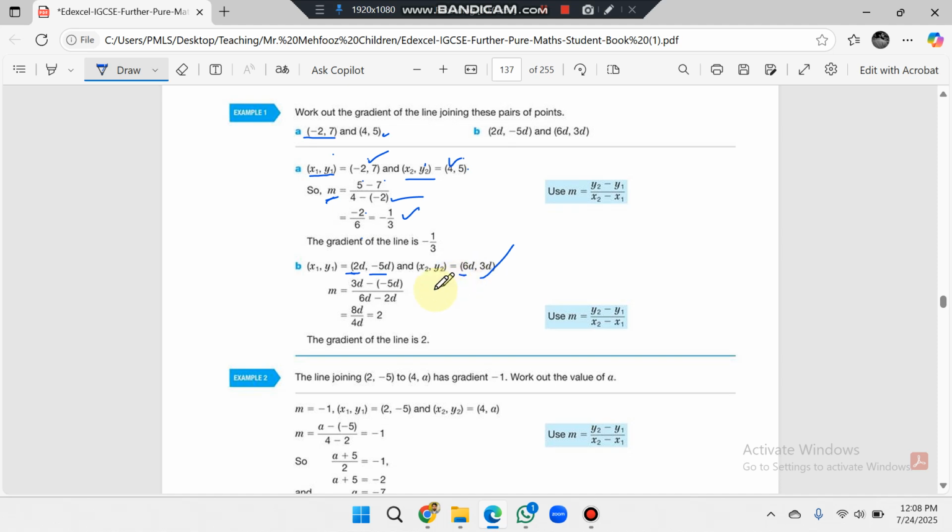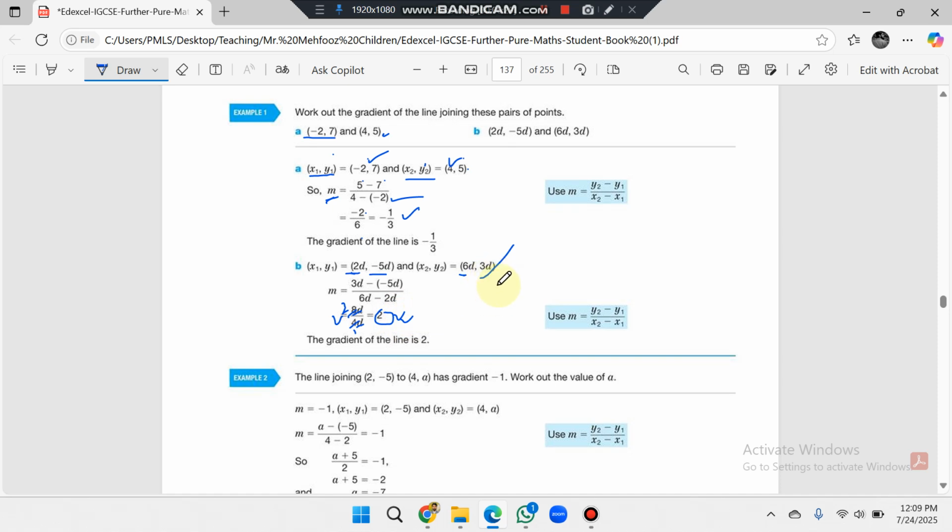So 6d minus 2d, that is equal to 8d over 4d. You can see that 4 ones are 4, 4 twos are 8, right? And d is cancelled out by this d. So your answer for the gradient is 2. So this is your solved example 1. Do you have any problem?